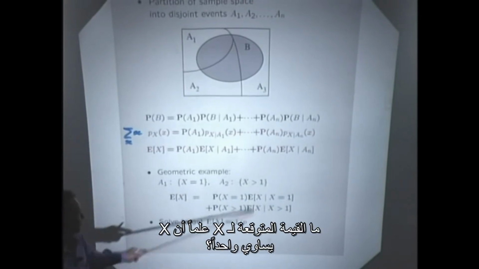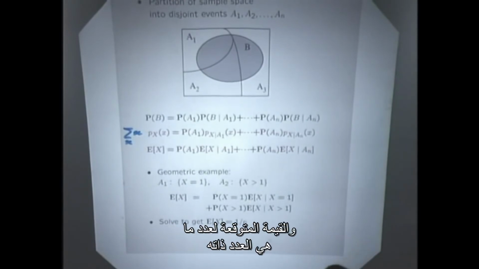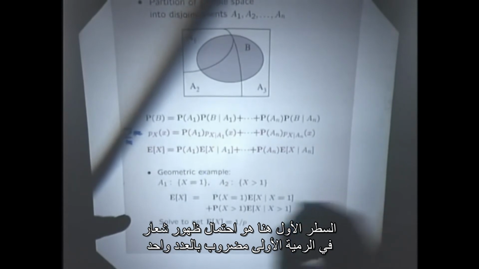What is the expected value of x given that x is equal to 1? If x is known to be equal to 1, then x becomes just a number, and the expected value of a number is the number itself. So this first line here is the probability of heads in the first toss times the number 1.